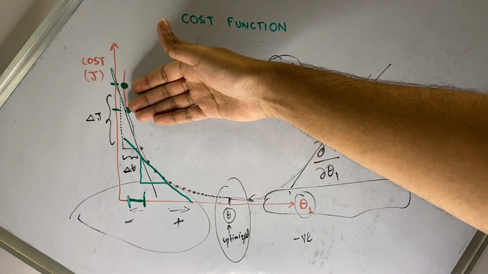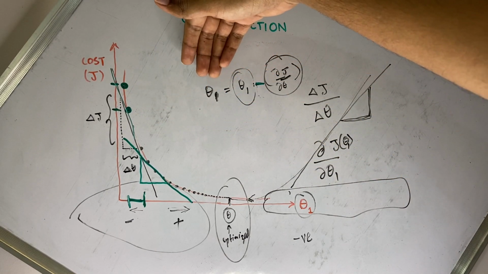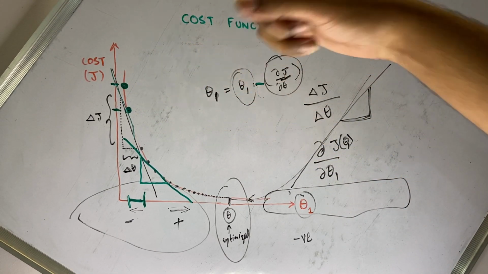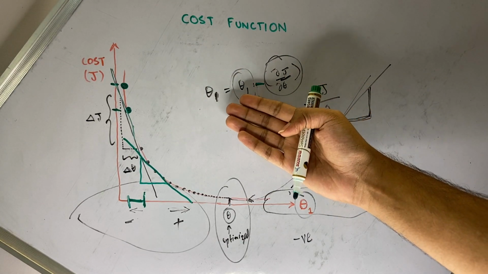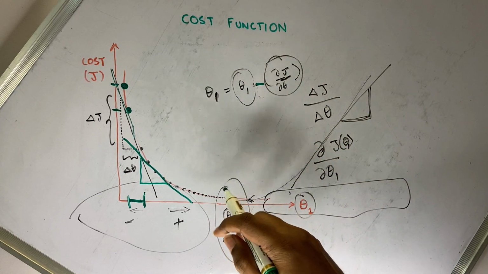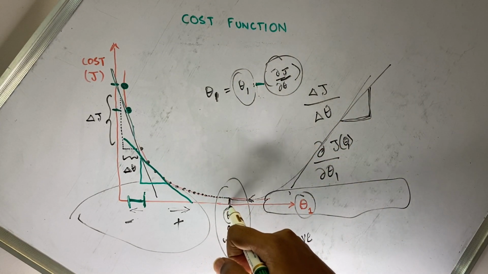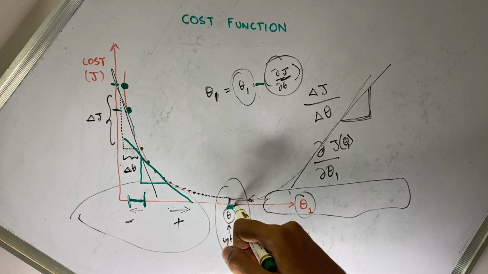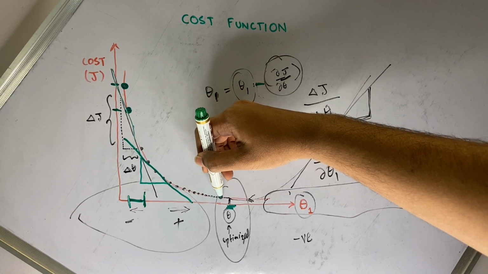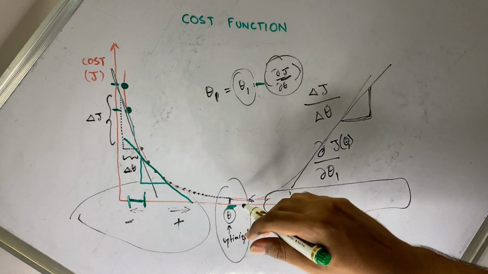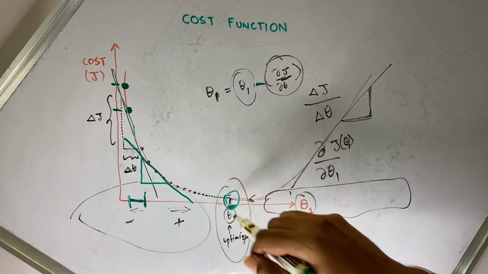In the consecutive steps, when we try to nudge this parameter, we need to take closer steps. We shouldn't be nudging this too much so that we cross this optimized value. As you get closer and closer to the optimized value, take smaller steps so that we wouldn't miss this particular value.